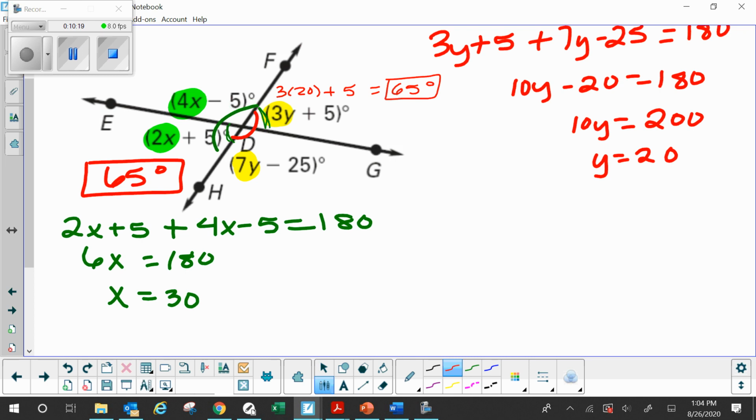And again, if x is 30, what's 4 times 30? 120, right? And then what's 120 minus 5? So this angle would be 115. And therefore, this would be 115 as well.